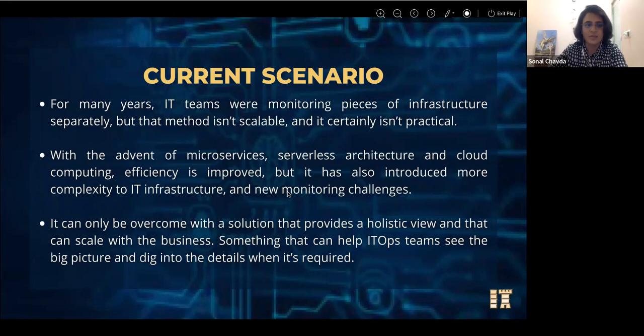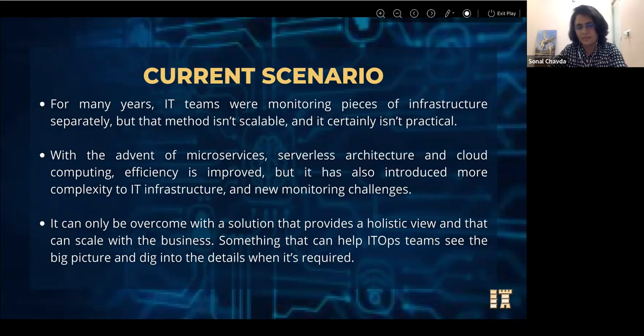These challenges can only be overcome if you have a holistic view of your infrastructure, and it can be scaled with your business. Because with new services frequently coming to the market, you need to keep improving the monitoring of the systems as well.